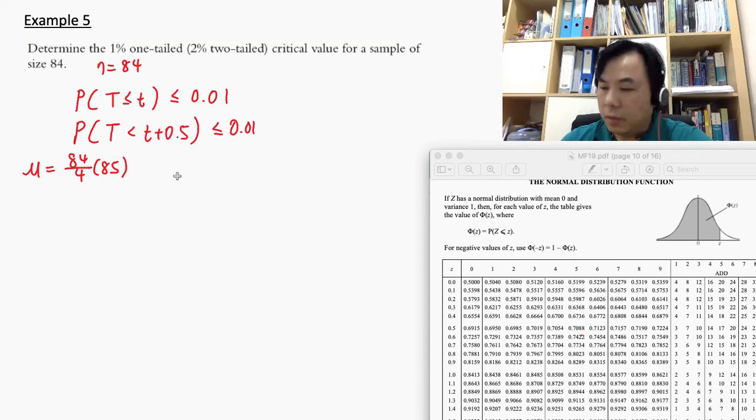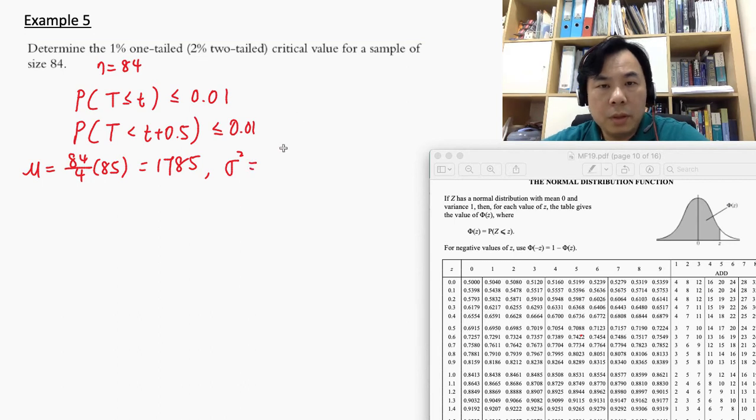So we have 1785. And then as for the variance, that will be 84 over 24 times 85 times 169.